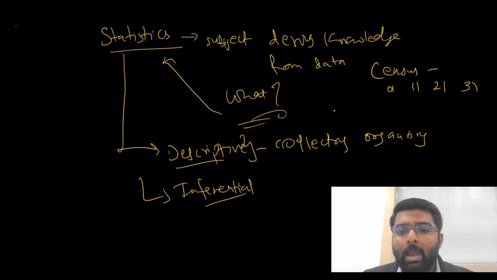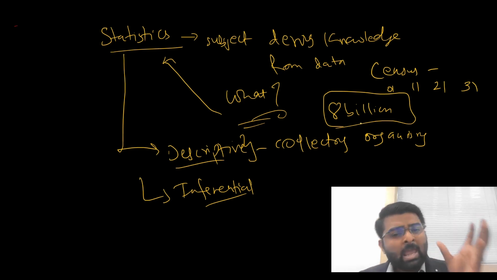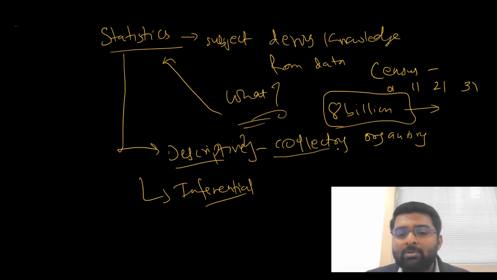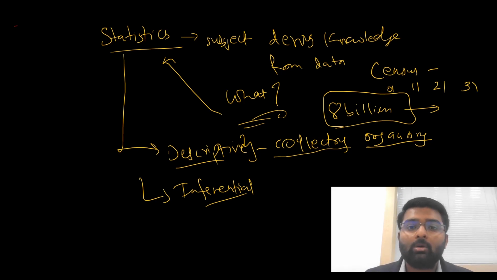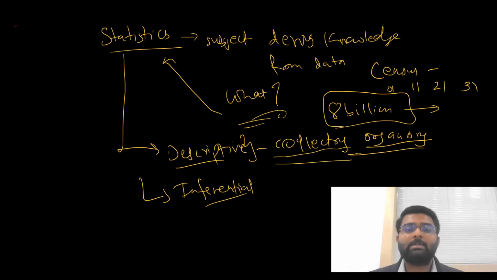And recently, a few days back, we saw this news that we as a world population have crossed the target of 8 billion. So I have just collected the data, I have organized the data. You have seen that the government employees come to your door, they ask for your government documents, and then they make a note. So they just collect the data and organize the data.